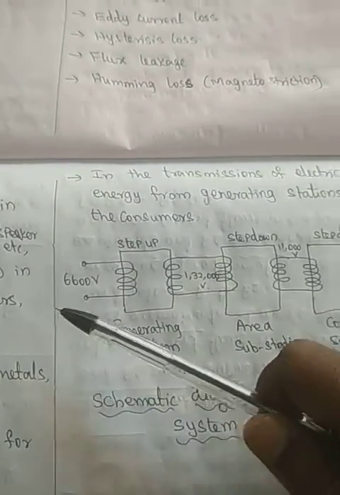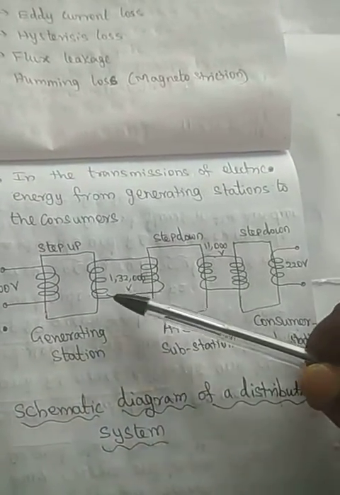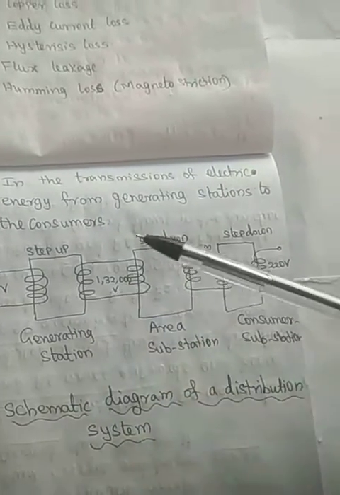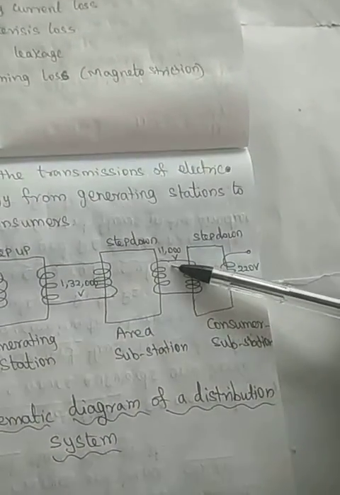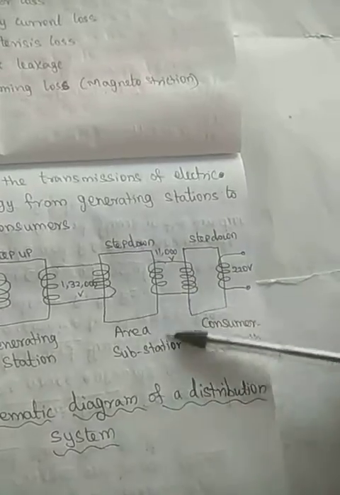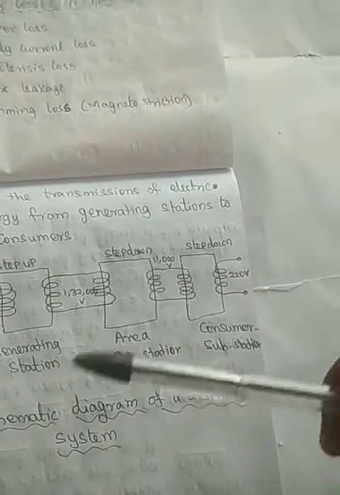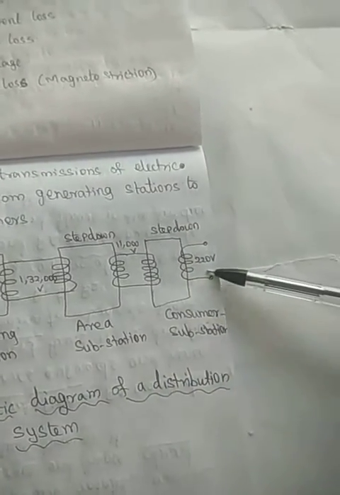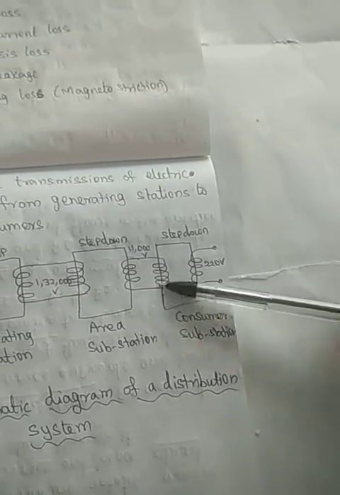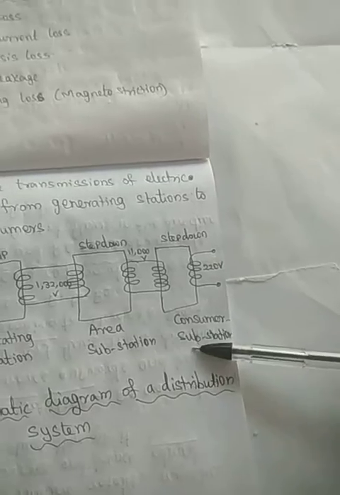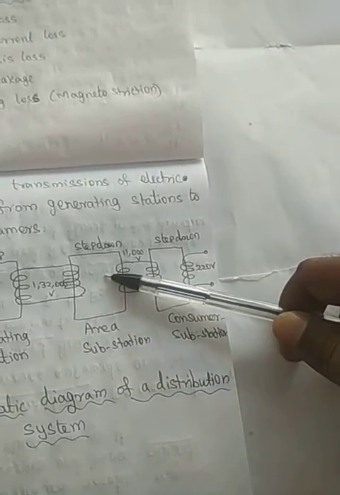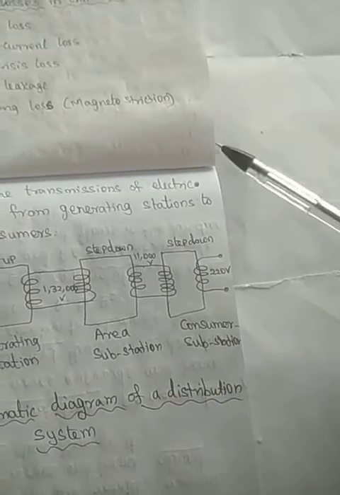So 6600 is stepped up to 1,32,000, then 1,32,000 is stepped down to 11,000 volts at the area substation. Then it is further stepped down to 220 volts at our local transformers. This is the consumer substation, which may be a local EB office or our street transformers.